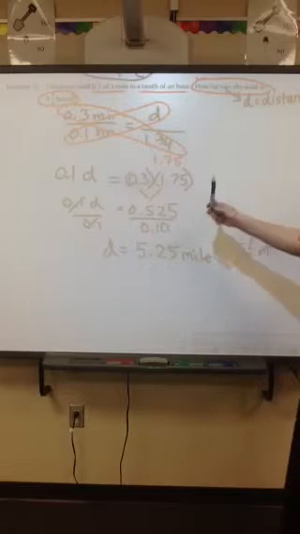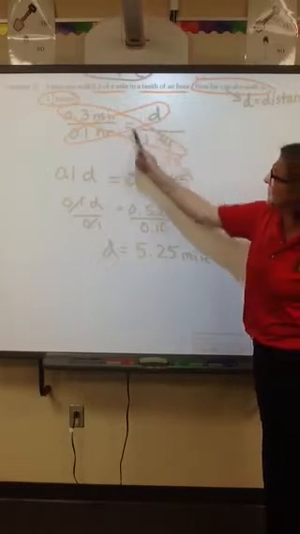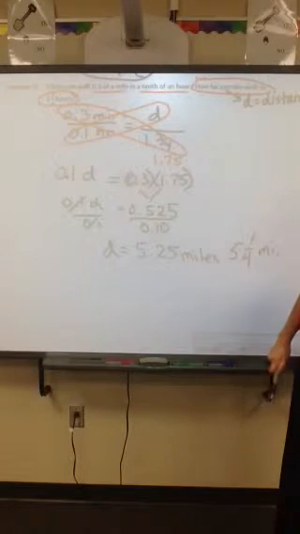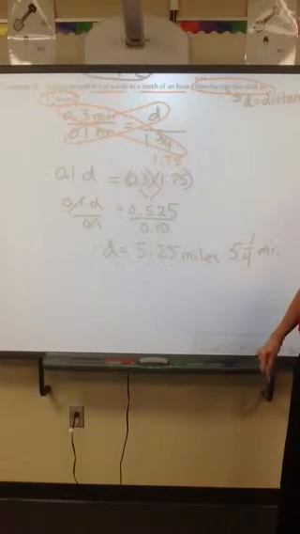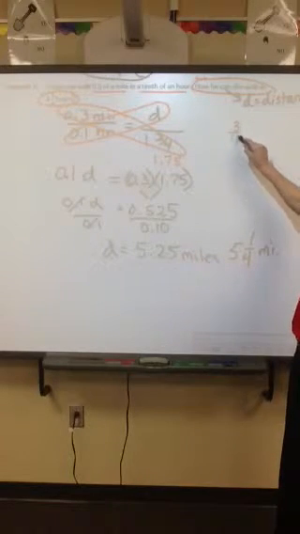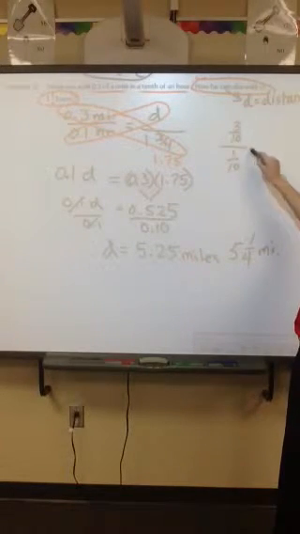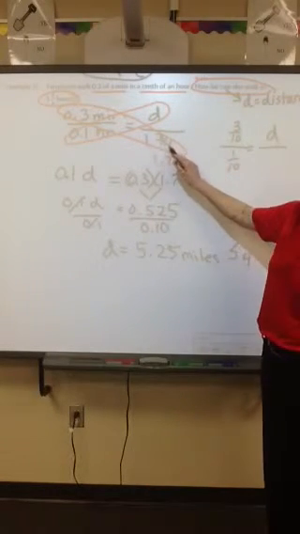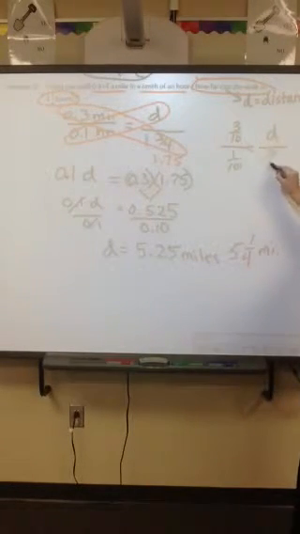We could have kept our decimals, turned our decimals into fractions and done it that way. If you do that, you would get the same thing. For those of you who'd like to see that, if we did 3/10 over 1/10 equals D over, and that's going to be 4 plus 3 is 7/4.